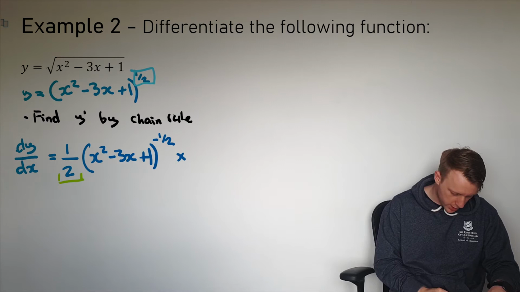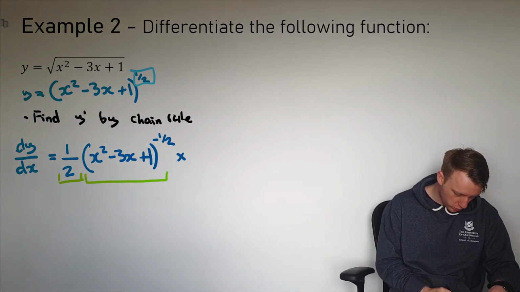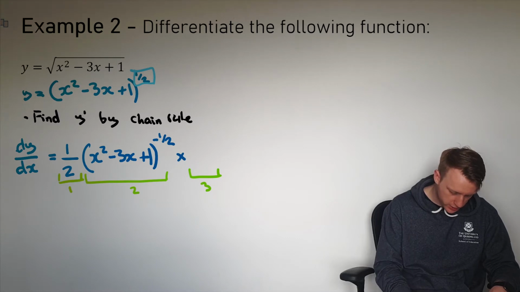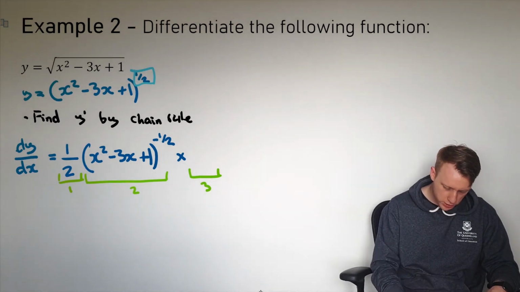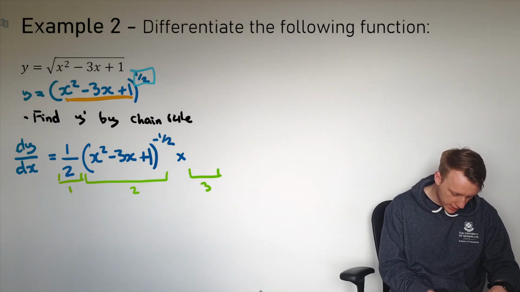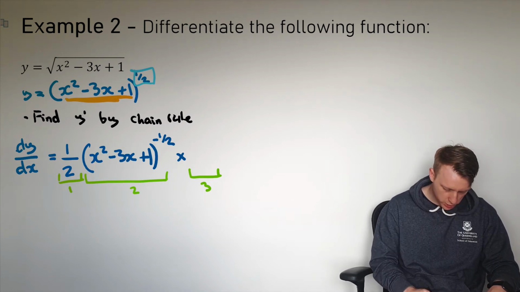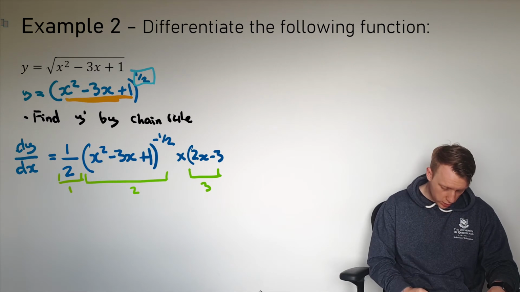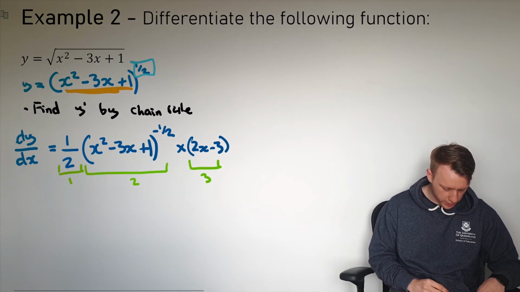This is element number 1, element number 2, and this last guy here is going to be element number 3, which is the derivative of the inside function, which is going to be 2x minus 3. Just need to clean this up a little bit.